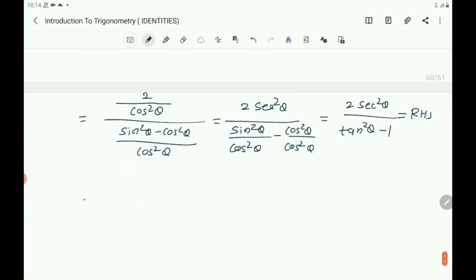Therefore, here the identity used is sin square theta plus cos square theta equals 1. So here what you got?